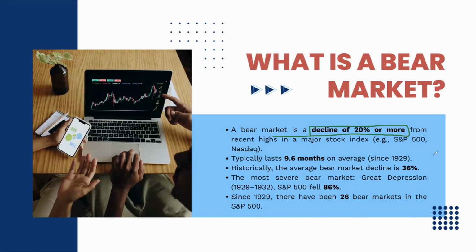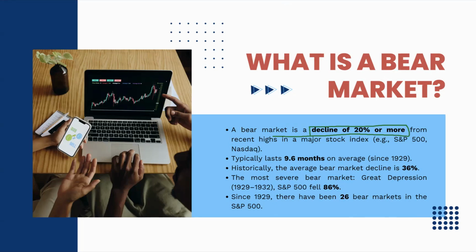So if you look right now, just by definition, at the SPX, the S&P 500 index, which is the top 500 most profitable companies traded on the US stock exchange, you can see that we've traded down 10%. We have not reached 20%, or a bear market.